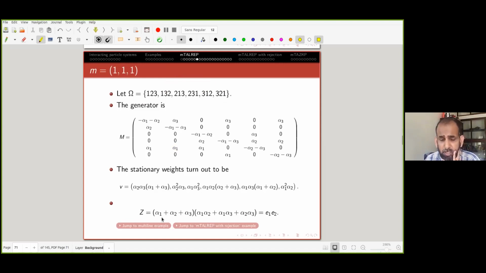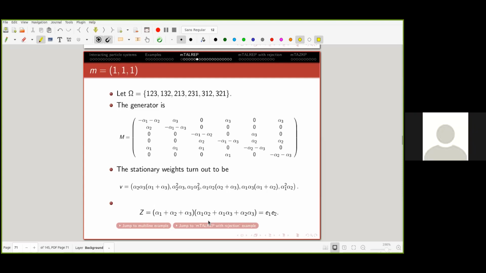And the partition function turns out to be the product of alpha 1 plus alpha 2 plus alpha 3, that is E1 times E2. Okay, so in general, the stationary weights are not only polynomials in the alpha, but also polynomials in the M, right? In the entries of M, the number of occurrences of each type of particle. Yes, that was the Markov chain tree theorem.